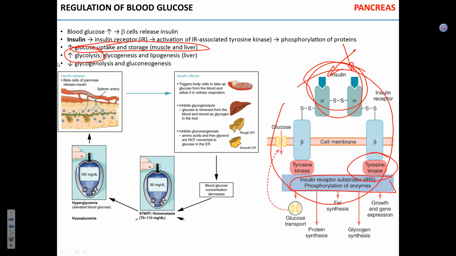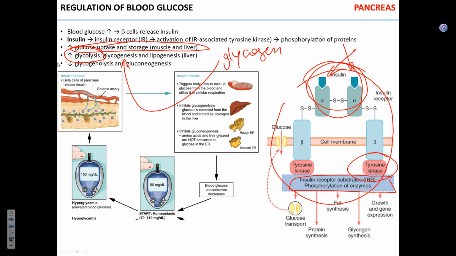Now, if you have too much glucose, way more than you need, how do you store glucose? In the form of which molecule? Glycogen. So, synthesis of glycogen is called glycogenesis.